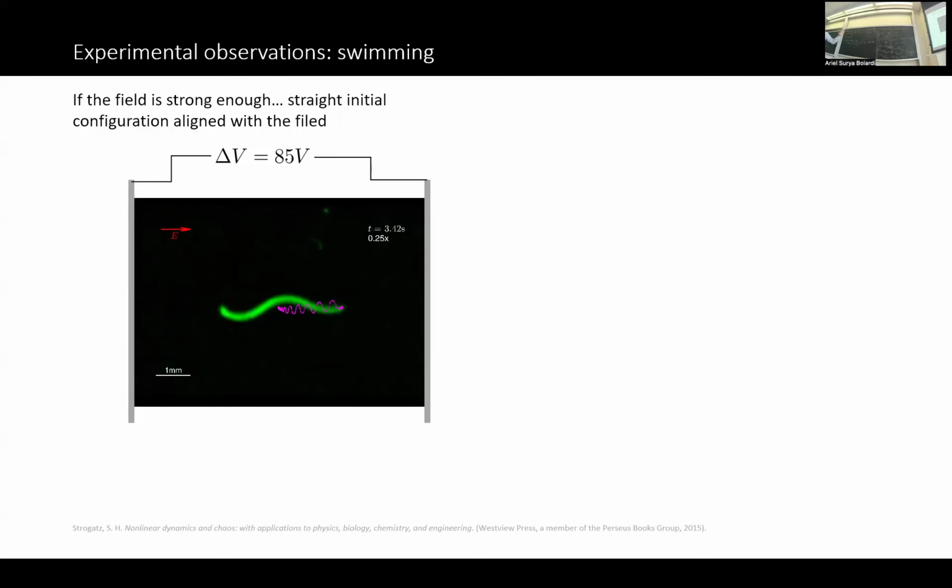And the ribbon swims towards the cathode of the electrolytic cell.